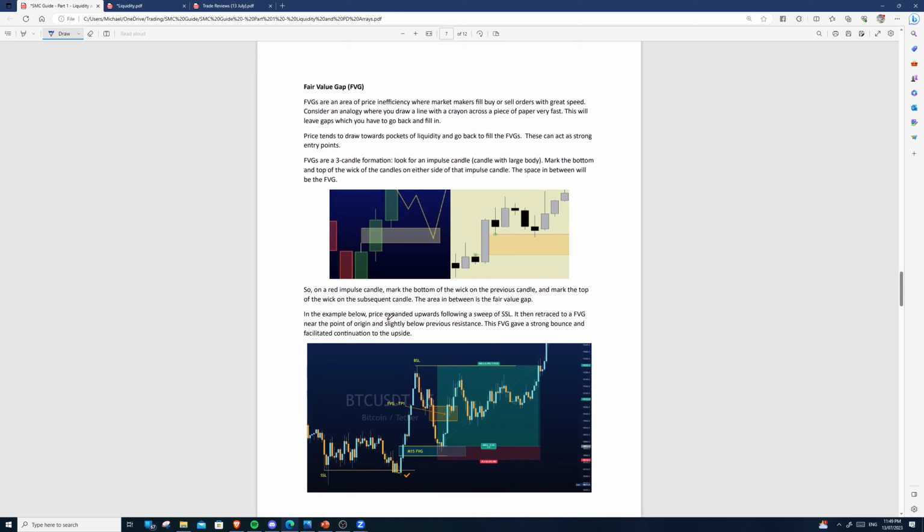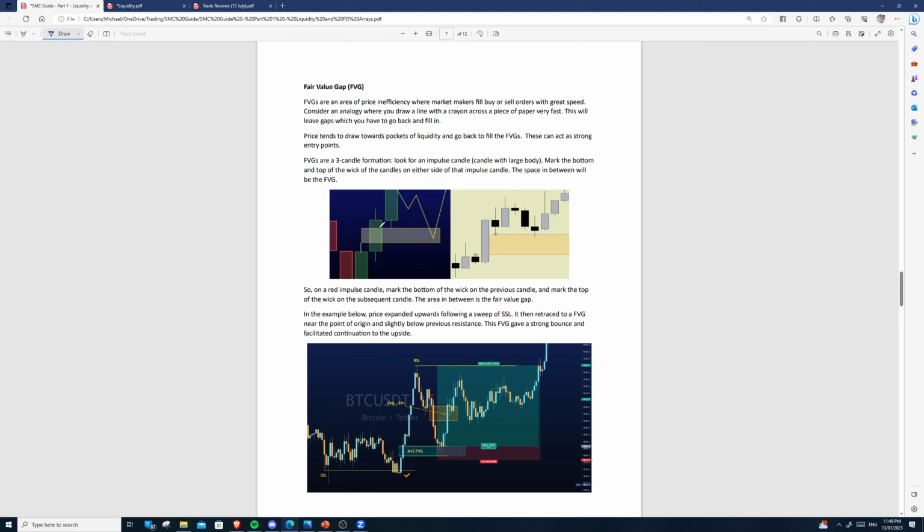First PD array, we look at the fair value gap, pretty well known already. It's pretty much inefficiencies in the price when there is an impulsive move towards either direction. It's a 3 candle pattern, so you have to look at 3 candles.